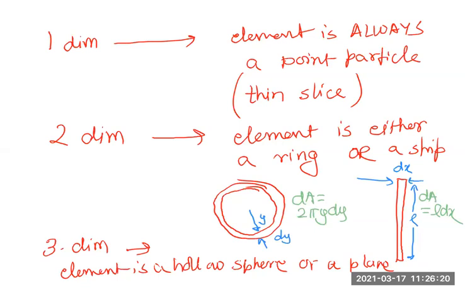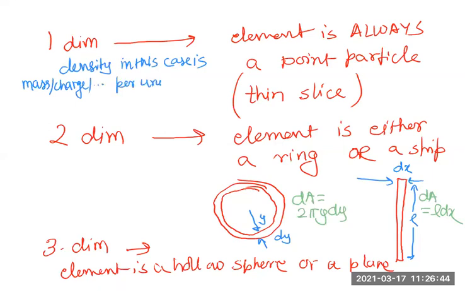The point is that density in this case is mass or charge or something else per unit length, lambda is equal to m by L is equal to dm by dl is equal to dm by dx.